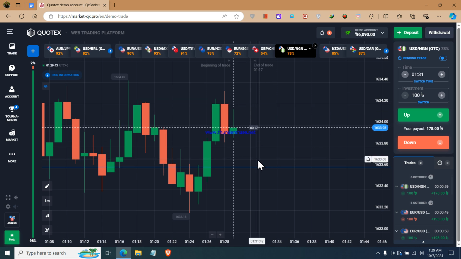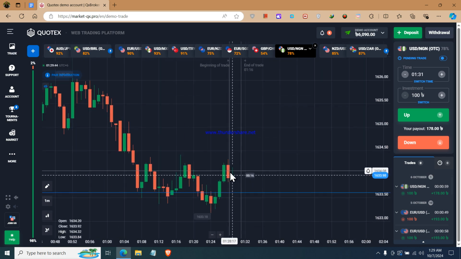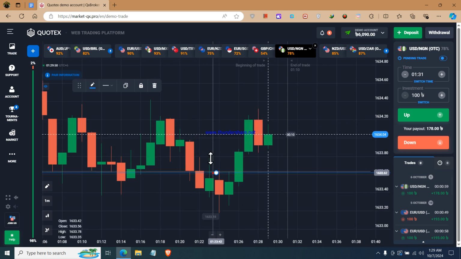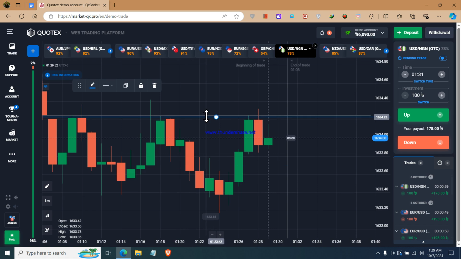All right, so let's see. So the sellers created a candle from the lower high point. This is a lower high point.